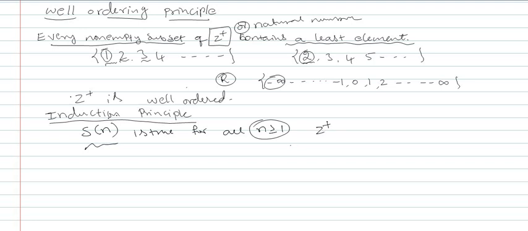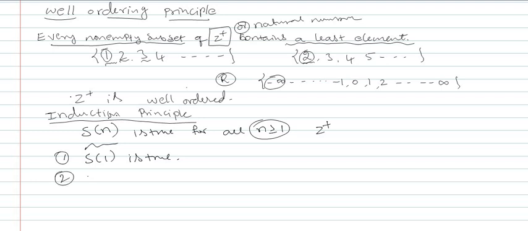Then how do we prove it? First we consider that S of 1 is true. So first we take n equal to 1 and see whether S of n is true.